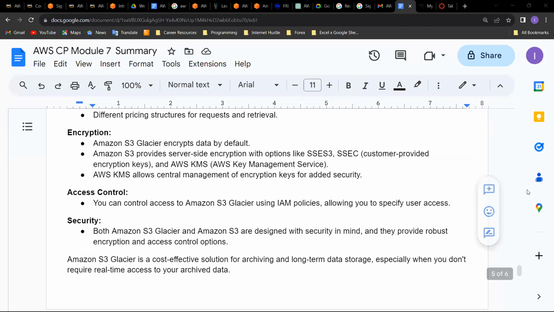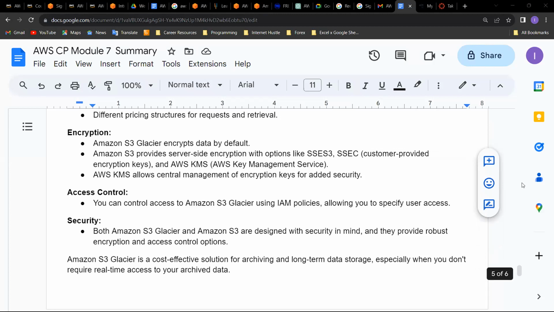have in S3. Yes, you can also control access to Amazon S3 Glacier using IAM policies, right? For you to be able to specify who has access and what they can do.